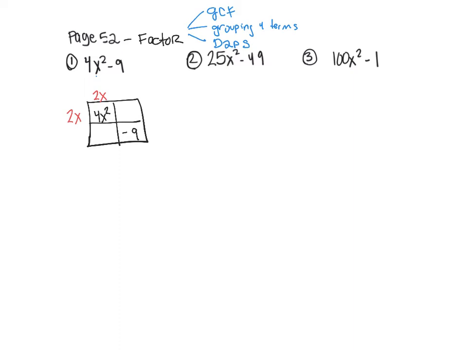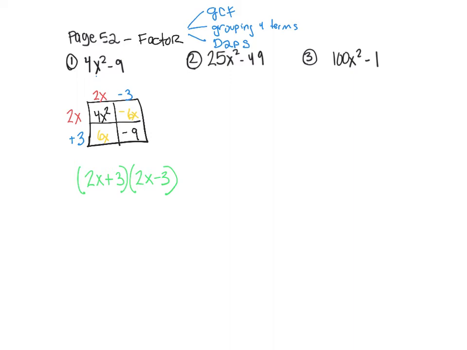And the minus 9 would be from a positive 3 and a negative 3. If I filled in the remaining things here, this would be a negative 6x and this would be a positive 6x. And these two terms would end up canceling out. And so what that tells me is that my factors are going to be 2x plus 3 times 2x minus 3.